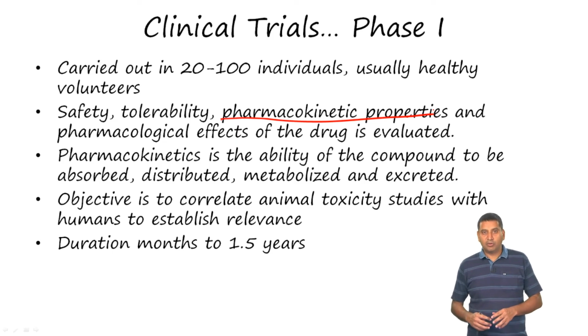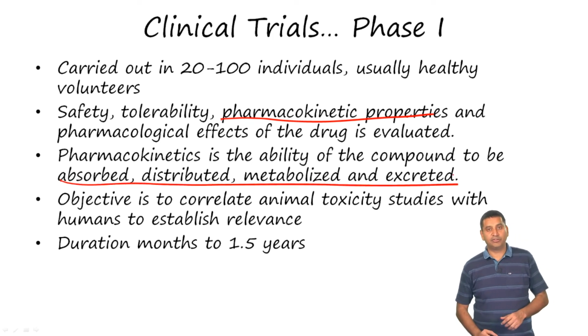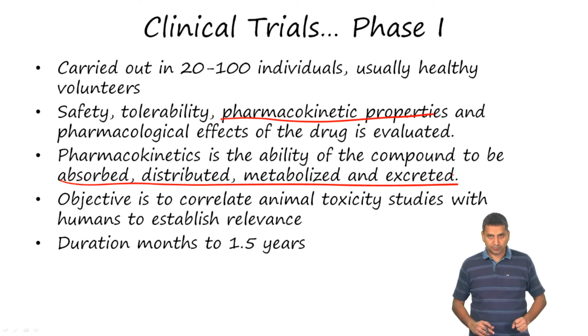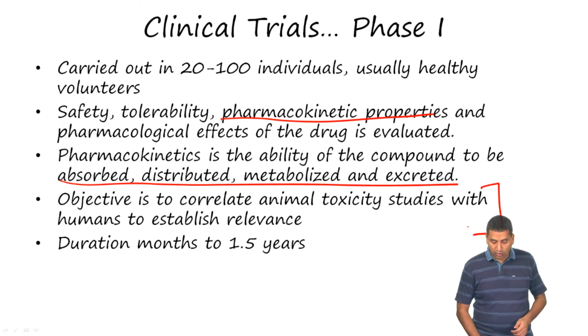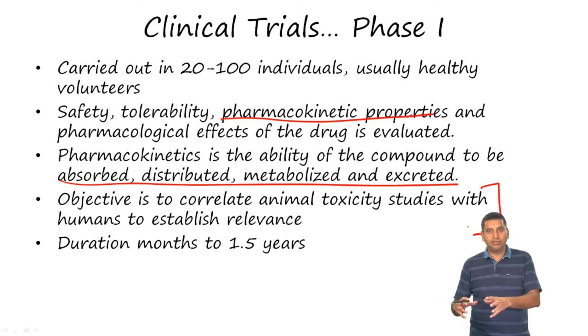Now, pharmacokinetics is the ability of the compound to be absorbed, distributed, metabolized and excreted. We looked at these ADME parameters just some time back, and therefore, one needs to study the pharmacokinetics of the drug. Here the objective of the study is to correlate whatever we have done in animal models with humans and establish whether the results of the animal model are actually relevant in humans.